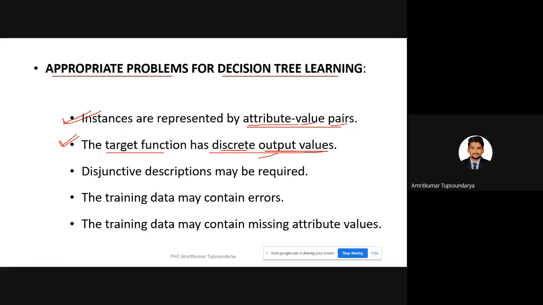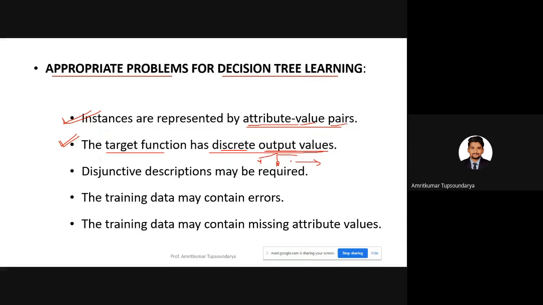So output shouldn't necessarily be just yes or no. If we have, say, three discrete outputs, the decision tree learning algorithm can be extended for it, but it is not so common.